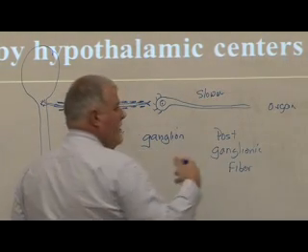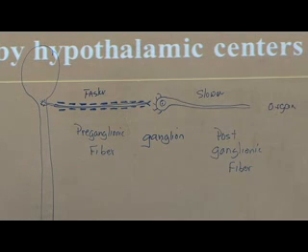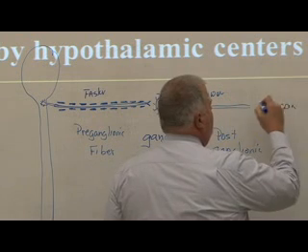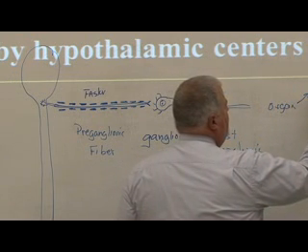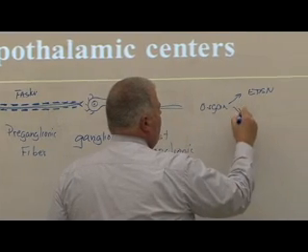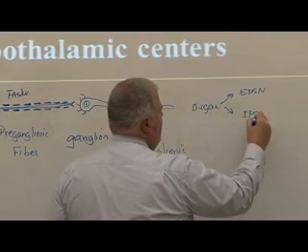So we have a system where two different types of neurons are interacting together, where you get faster impulse travel to the ganglion, slower impulse travel from the ganglion. And then what happens over here is that when we get to the organ, we can either create an EPSP or we can create an IPSP.